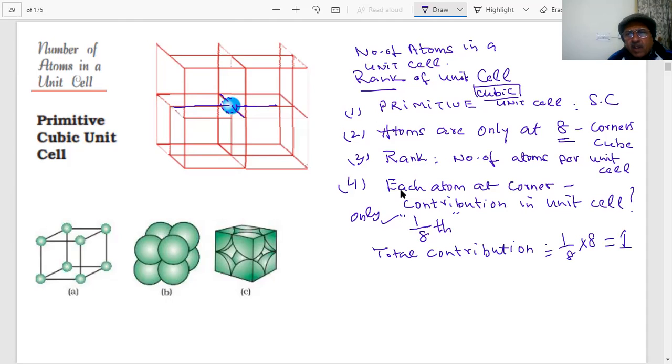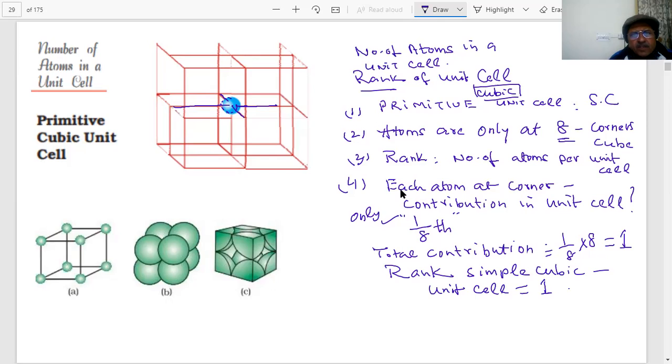What is the rank of the simple cubic unit cell? 1. So the rank of the simple cubic unit cell is 1.